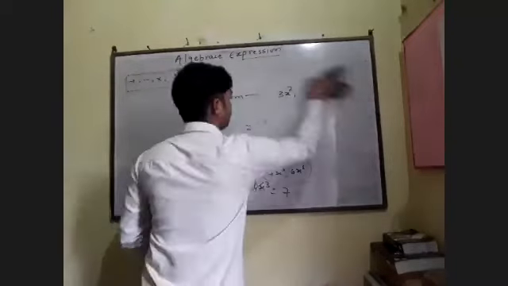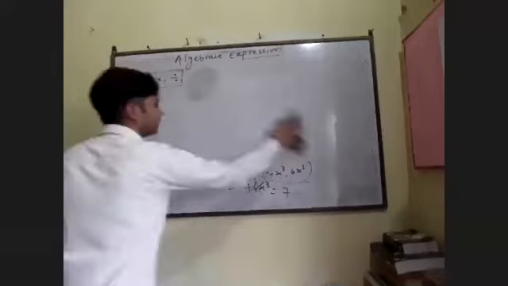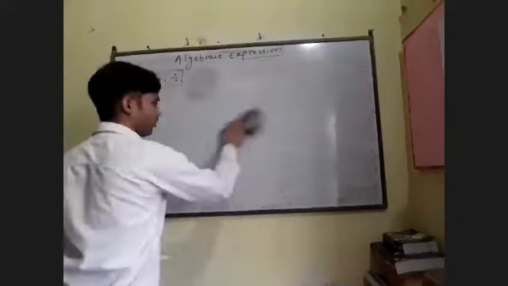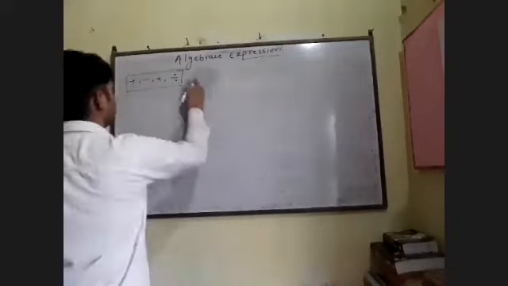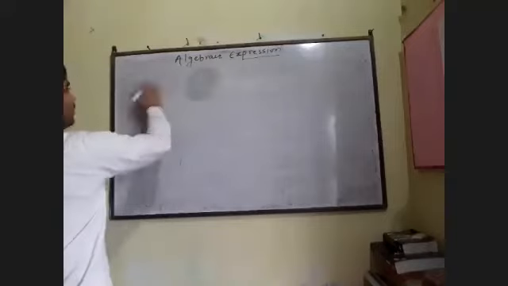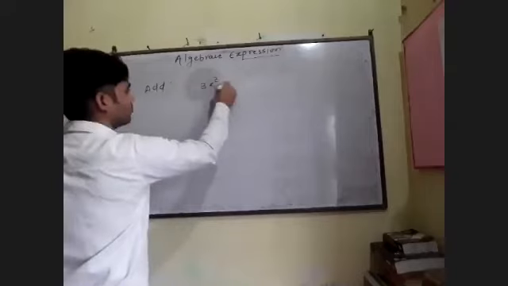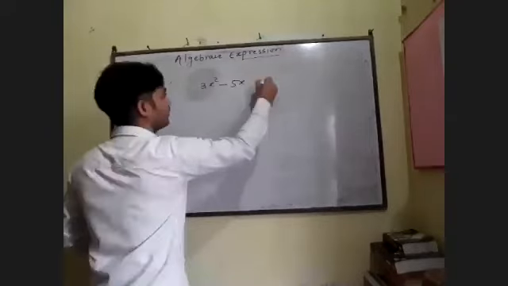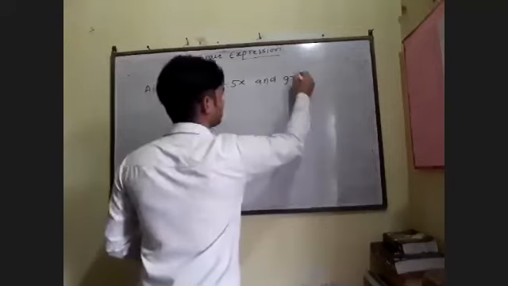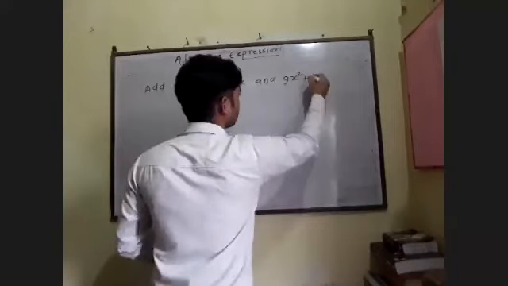If we take a few examples, we have to add 3x square minus 5x and 9x square plus 6x.